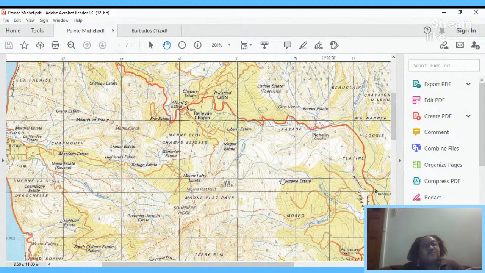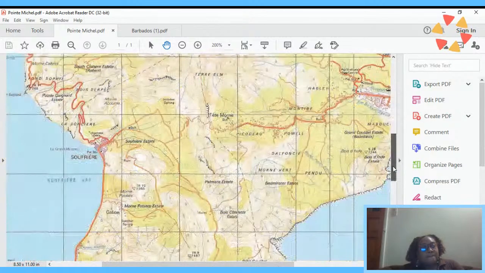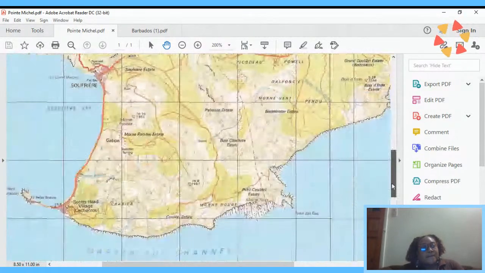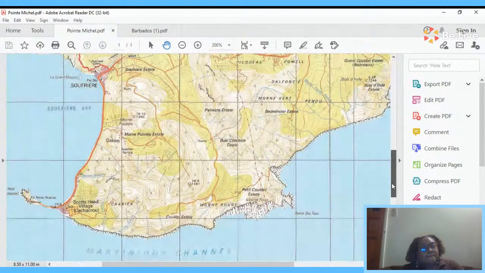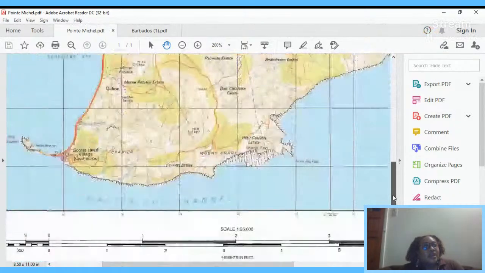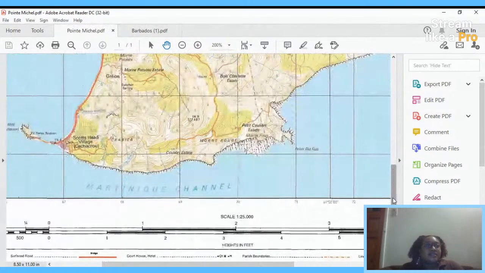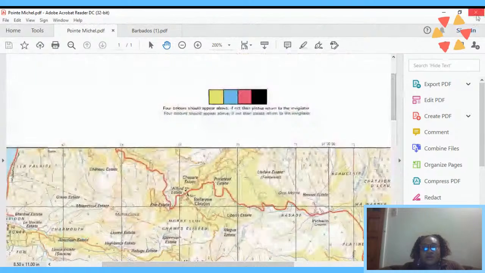And the type of valleys in terms of V-shaped valleys. Is that okay? Do you all understand that? Anybody have any other thing that they want to say?